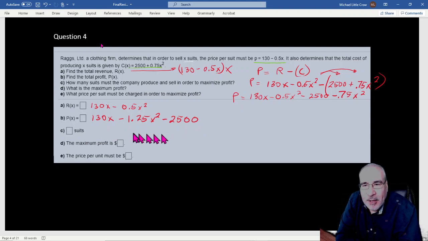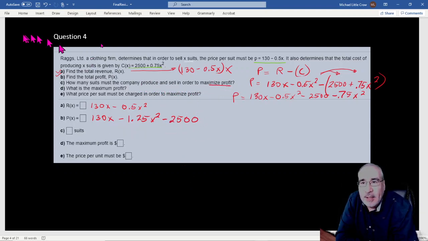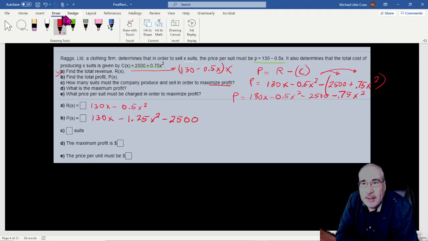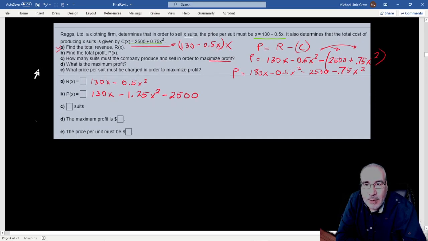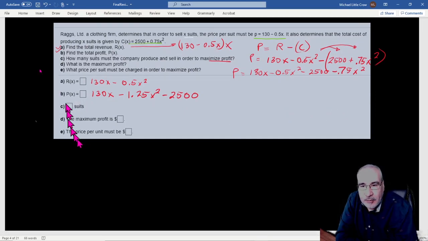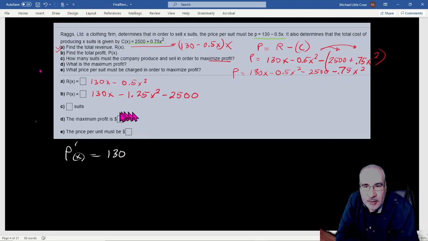Anyway, that's our profit. Okay, so we got A, we got B. How many suits must the company produce and sell in order to maximize profit? Okay, maximize profit. So we're going to take the derivative of the profit function. The derivative of 130x is 130, x to the 0, which is 1.